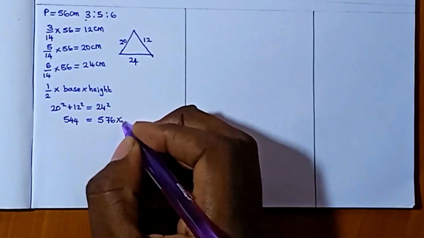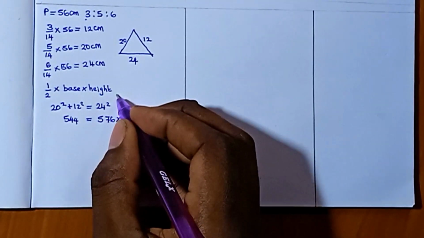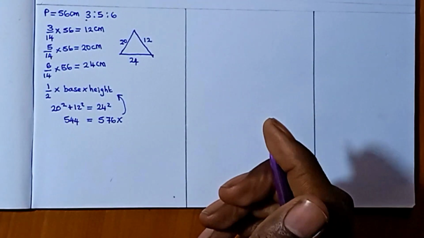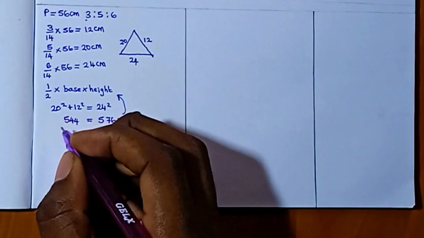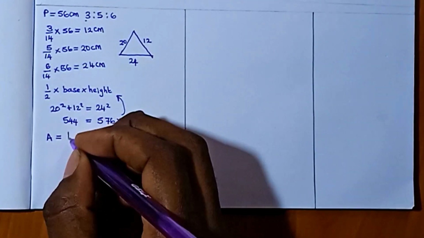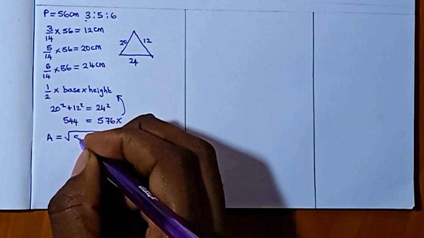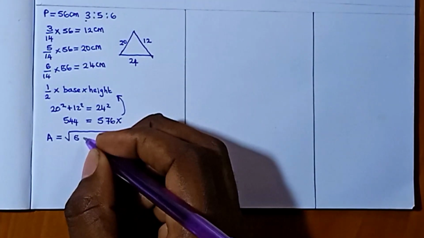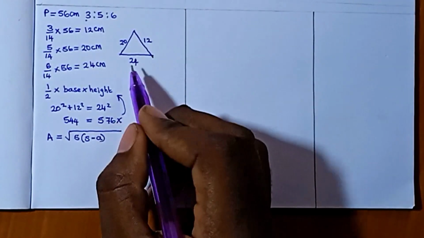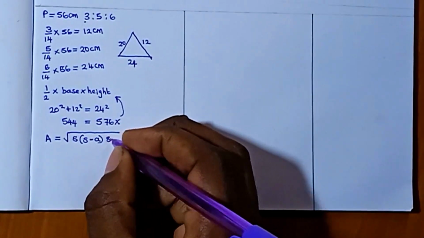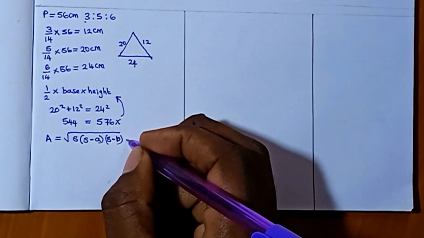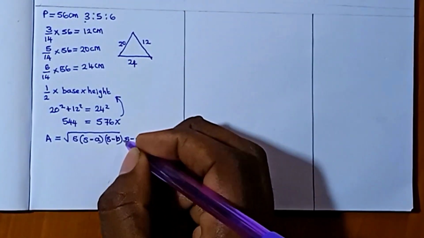So we are not going to use this formula. We are going to use Heron's formula, which states that the area of a triangle is equal to the square root of s times (s minus a), that is one side, times (s minus b), the other side, times (s minus c).